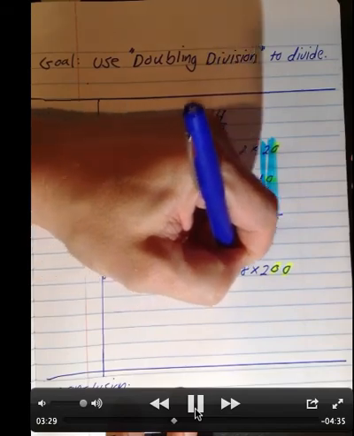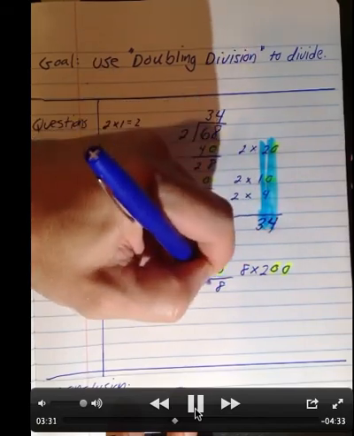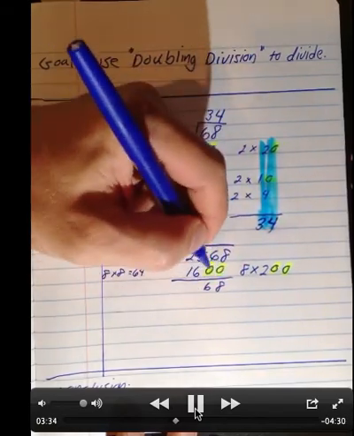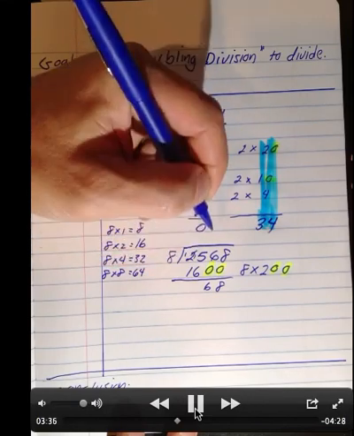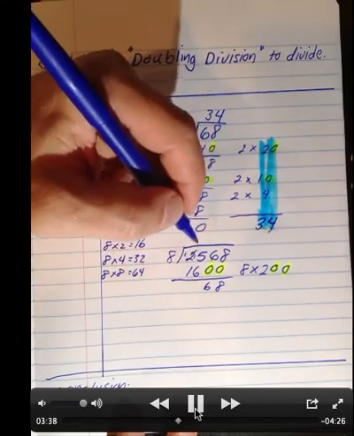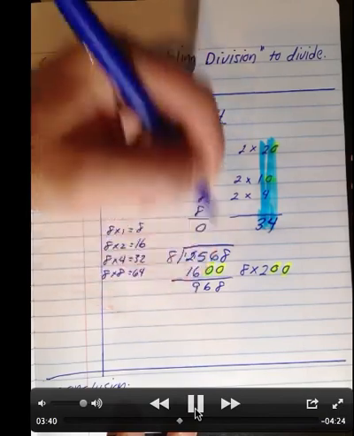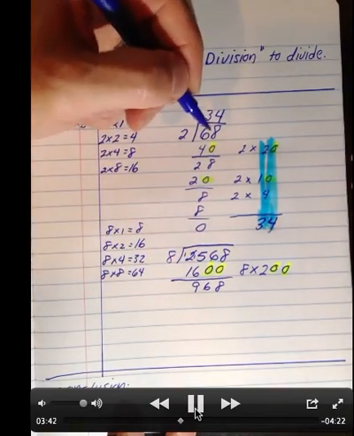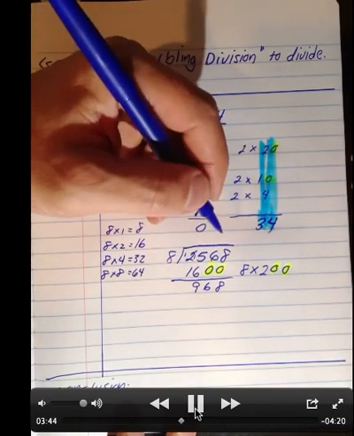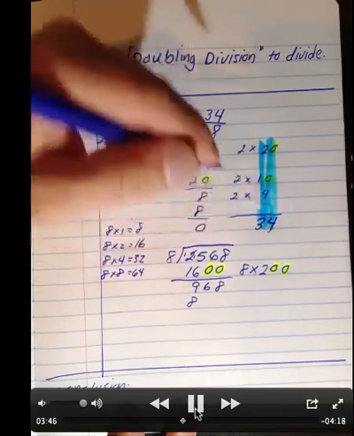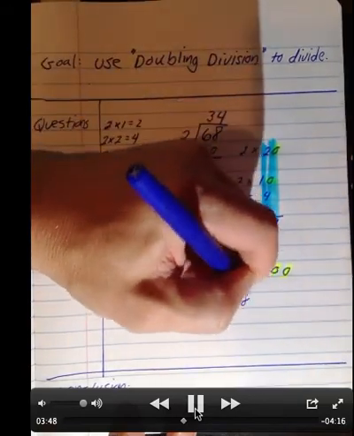So of the 2,568, we've used up 1,600. And we have just 968 left to put into groups. So from our key, 8 is the biggest number. That's one group of 8.